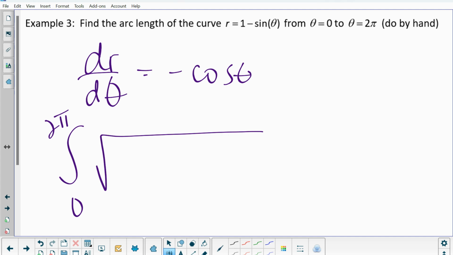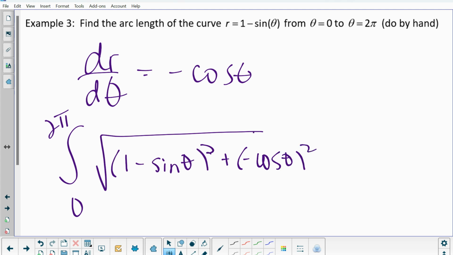You could actually do this differently, which we can talk about when I see you in person. But this then gets filled in as the integral of the square root of 1 minus sine theta squared plus negative cosine theta squared d theta. So I want you to see if you can figure out how to simplify this and solve it by hand. So see what you can do with that.